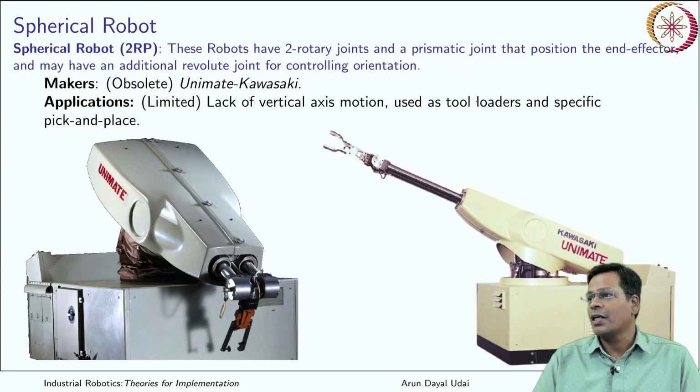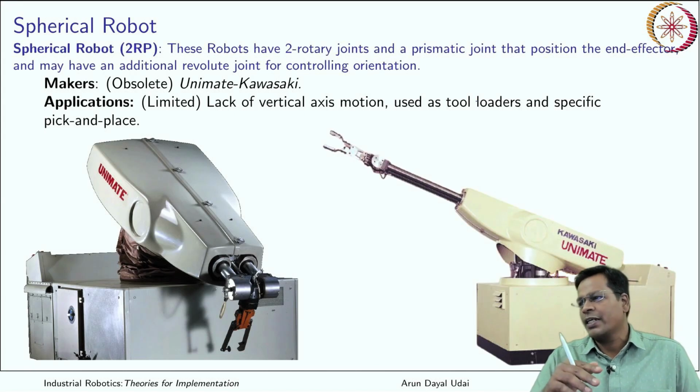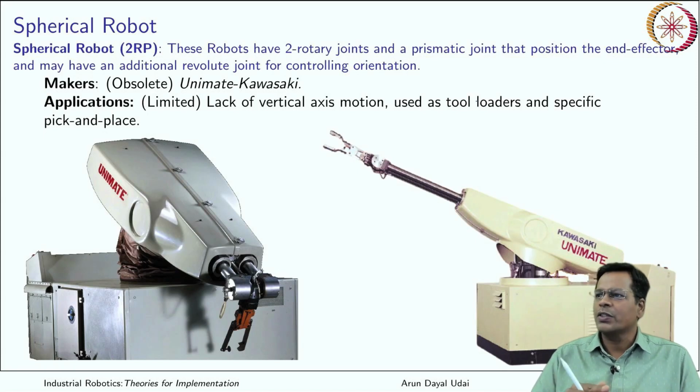So yes, this is the oldest one. This was the first robot in the industrial category. This is a spherical robot, 2RP. These robots have 2 rotary joints and 1 prismatic joint that position the end effector, and may again have an additional revolute joint for controlling the orientation.